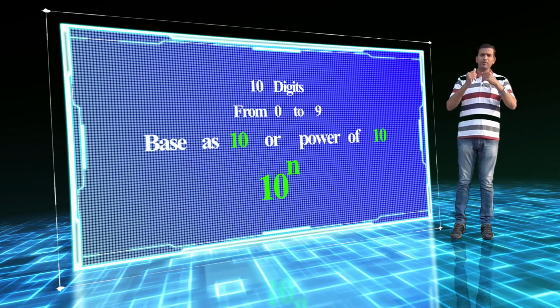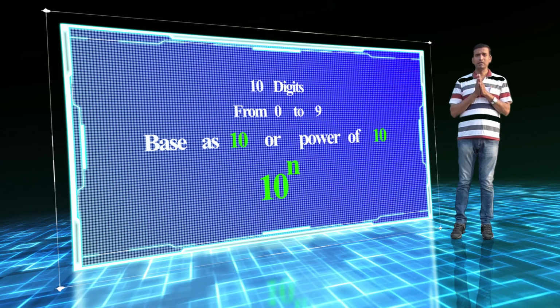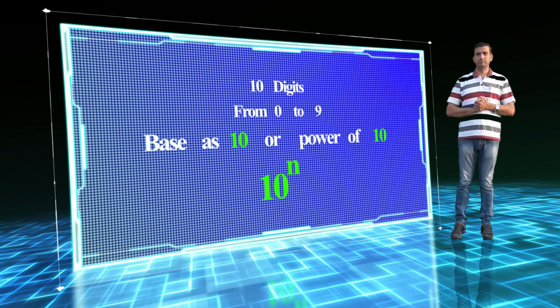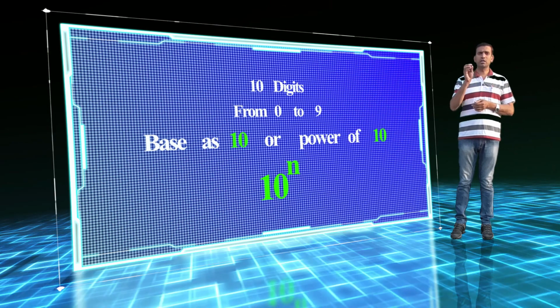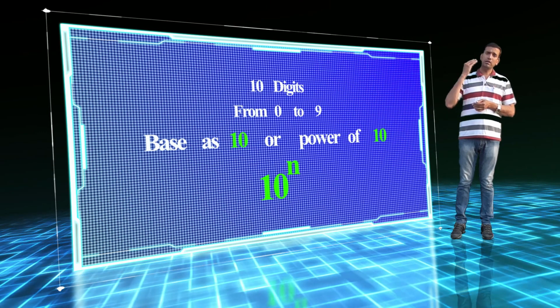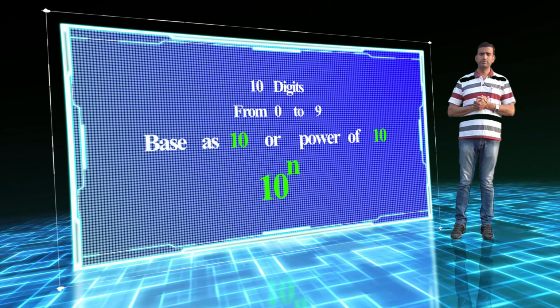Now, whatever the number, you consider the base as 10 to the power n or its multiple. We'll go through one by one. First of all, we consider only 10 to the power n as the base, and onwards, 10 to the power n into some multiple in the second part.